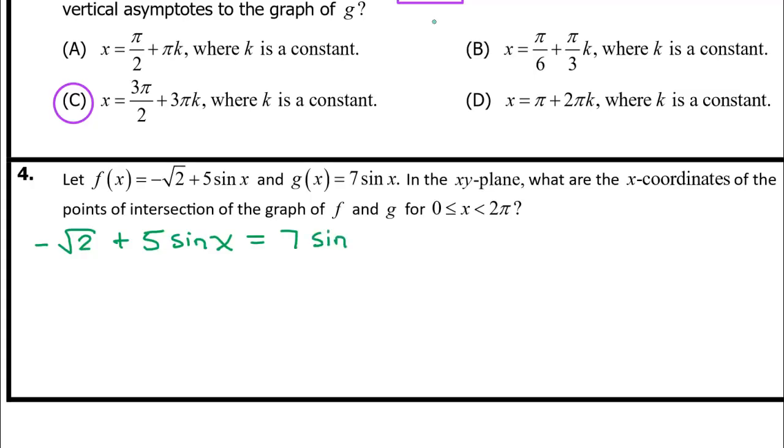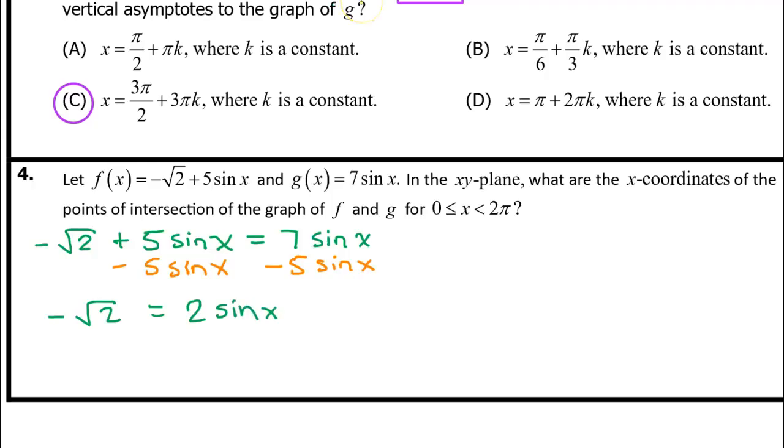So I'm only seeing one type of trig function. We just have the sin x. These are like terms. So we should be able to combine these by subtracting 5 sin x from both sides. So I'm going to have negative radical 2 on the left side. 7 sin x minus 5 sin x is 2 sin x.